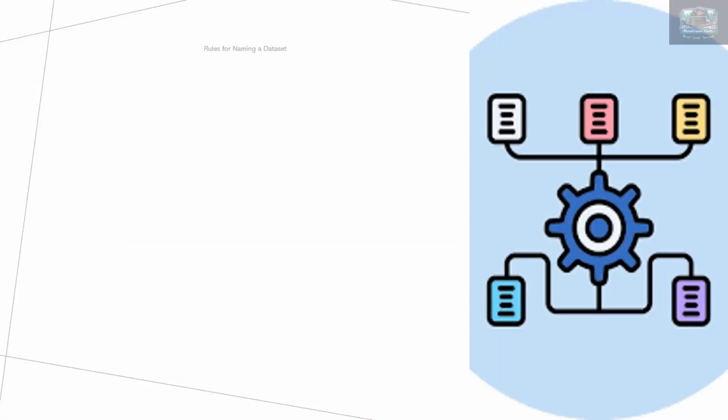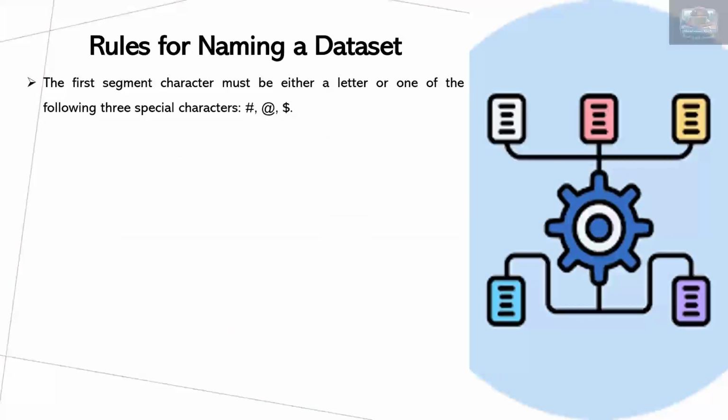The next rule is that the first character of the segment should be an alphabet or the special characters #, @ and $. If you are putting 2 segments or 3 segments, however many segments you put, make sure the first letter is an alphabet or #, @, $, not a number. If you put a number at the start, it will not be accepted as a dataset name.